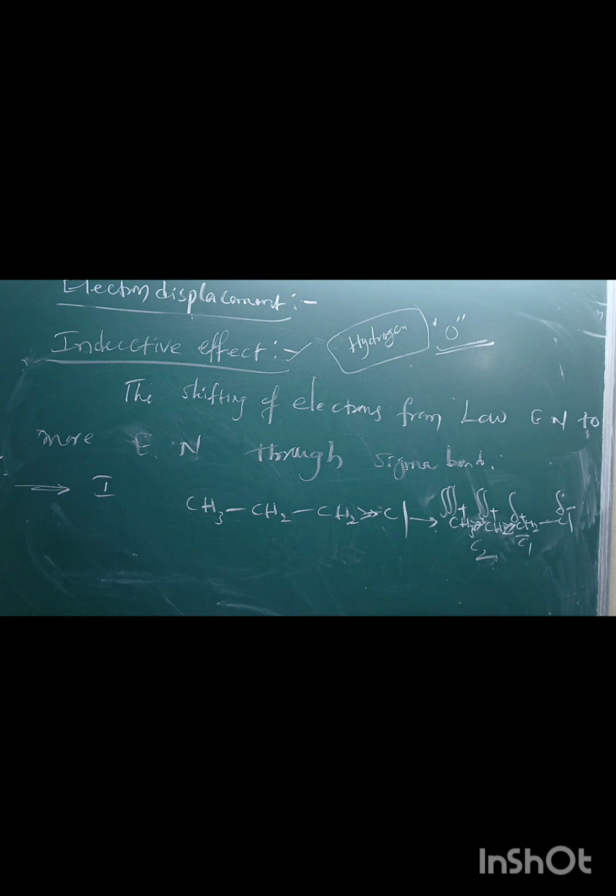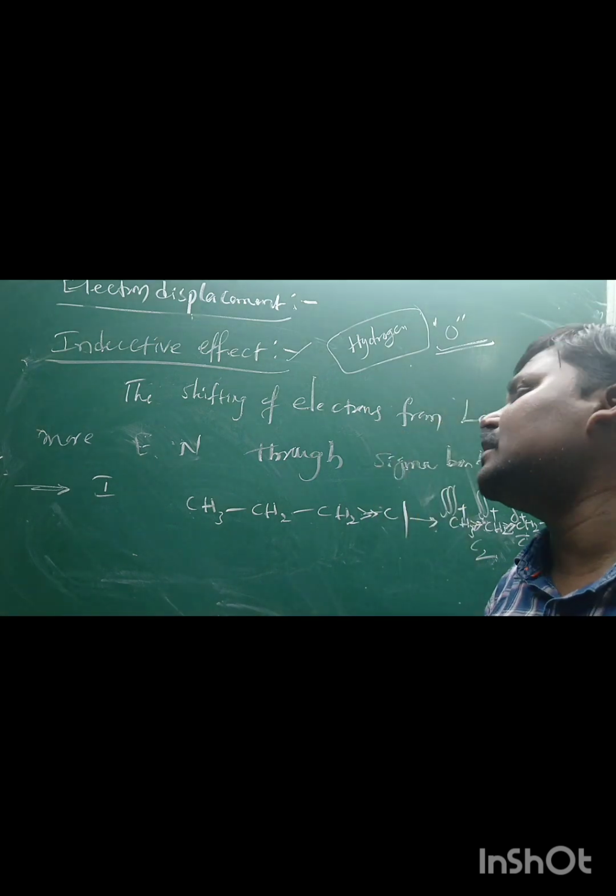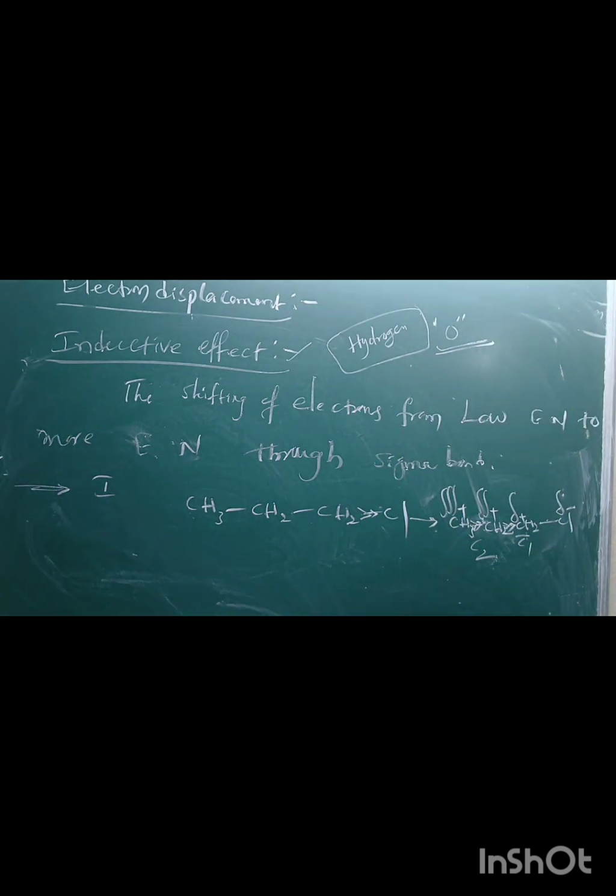It is also defined as the polarization of one bond caused by the polarization of an adjacent bond, and it is also called transmission effect. Inductive effect is caused by permanent polarization in a molecule.